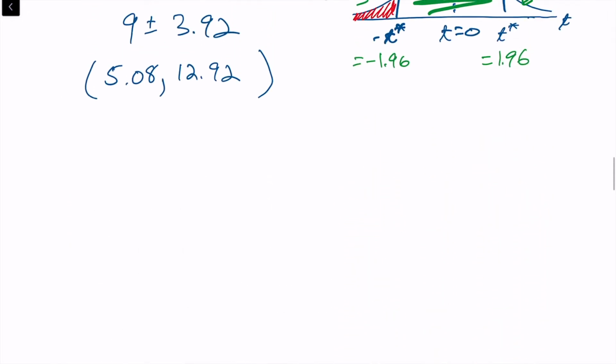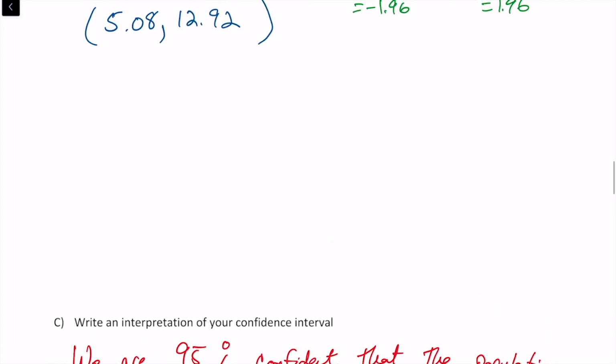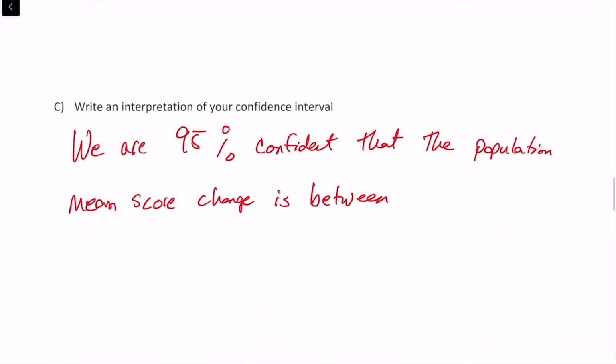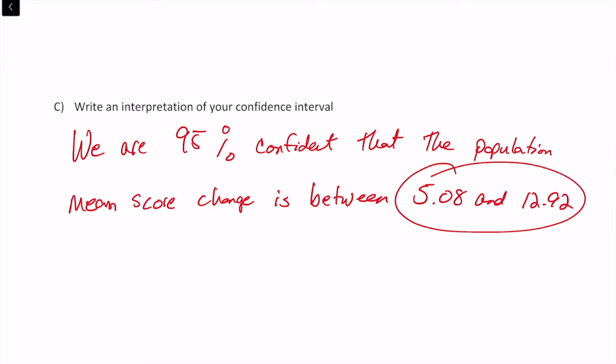Let's go with the ones that we did by hand. 5.08 to 12.92. All right. There we go, folks. That is your interpretation.